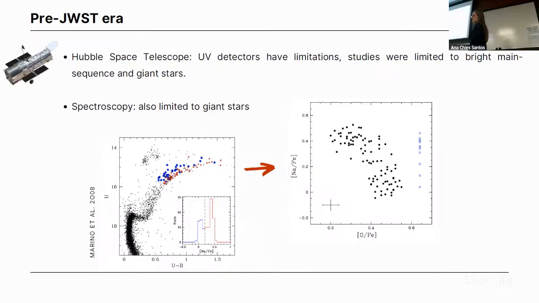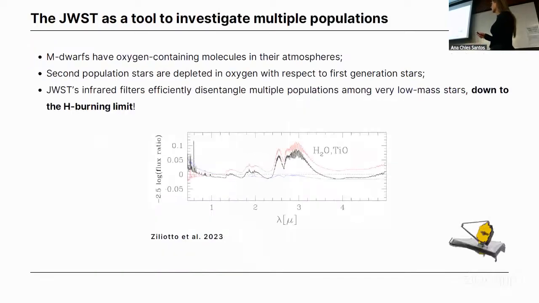And the same for spectroscopy, because of limitations in instrumentation, we can also only use it for high mass stars. And now with the JWST, we can successfully do this with the very low mass stars. This is because M-dwarf stars have a lot of these molecules containing oxygen in the infrared regime.